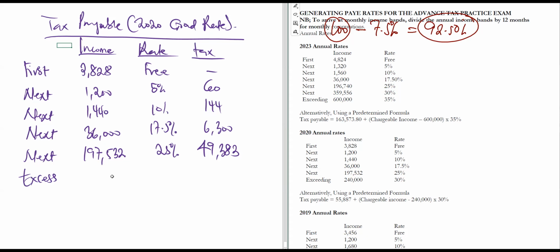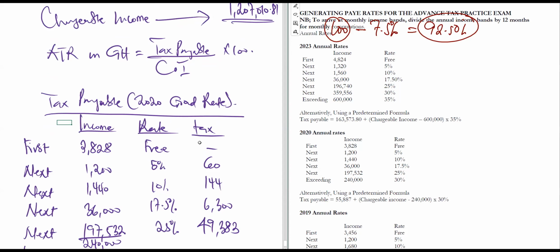Then the excess above all this. So the excess above that is 240,000 compared to the 1,207,010, right?